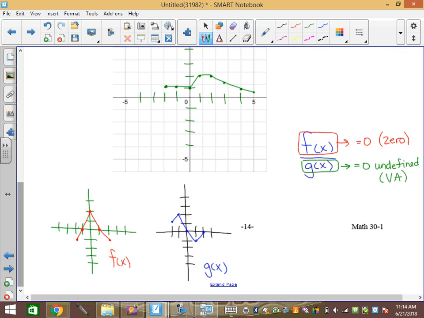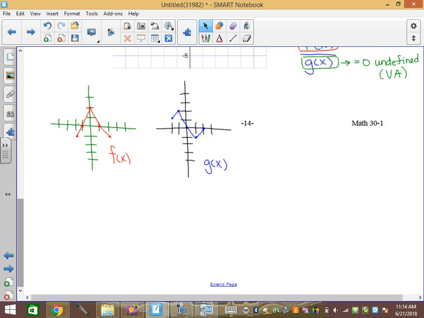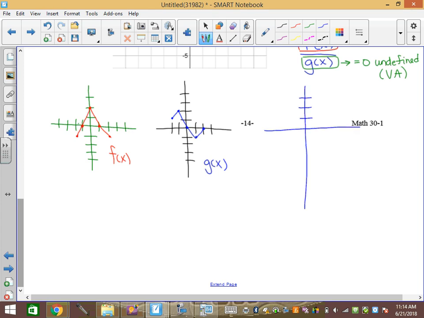So it's only our denominator that's an issue. So let's go through here and we'll make a little table and graph. Okay, so this is going to be f of x divided by g of x.